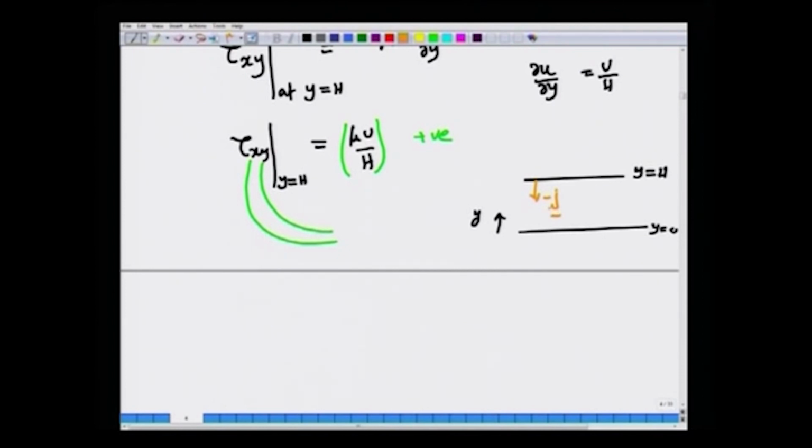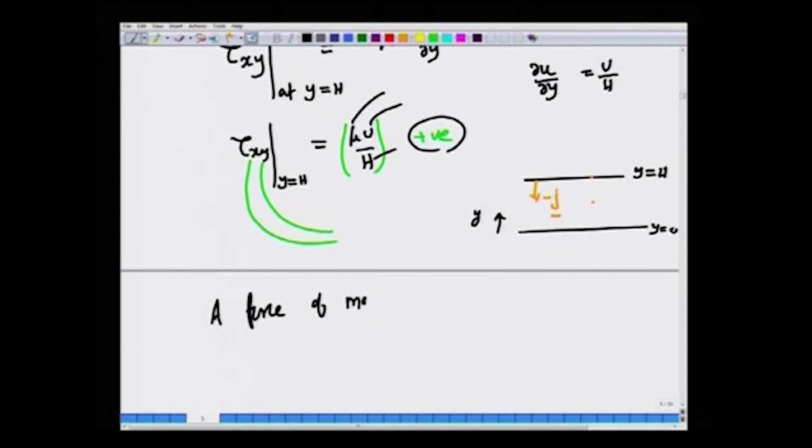We want the force that is exerted by the fluid on this surface. Since u is a positive number, a velocity in the plus x direction, mu is positive, h is positive, tau x y is positive.